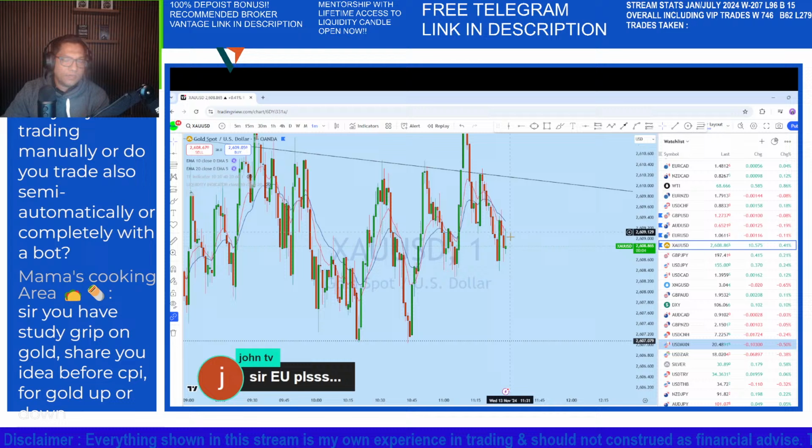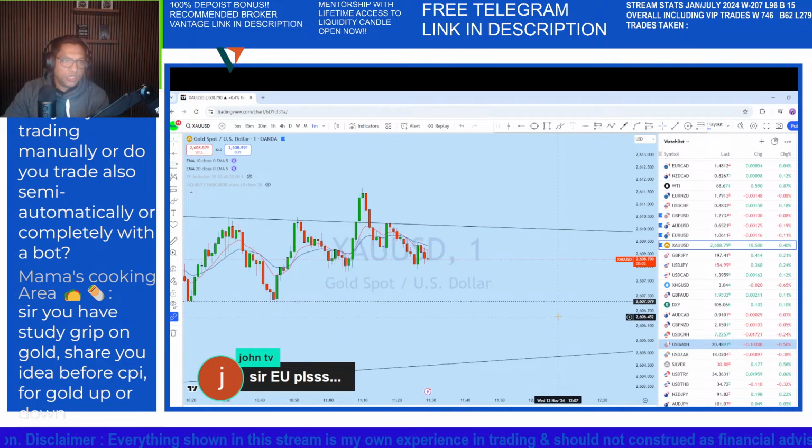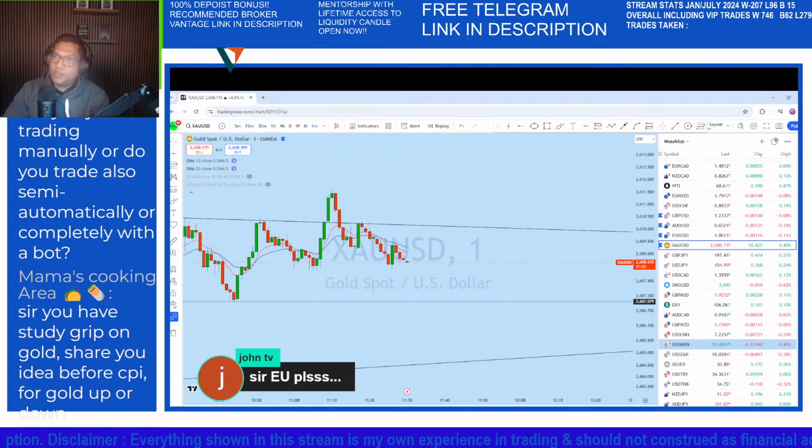I think we might see some short-term downside here potentially. We see a bit of increased volatility in the market, which is a good sign.